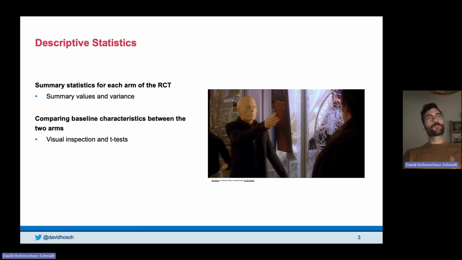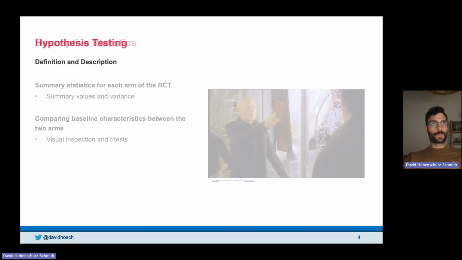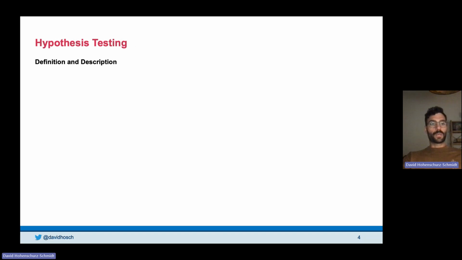And the way you can compare those two groups is either by visual inspection, so how much did the mean values differ from one another between the two groups, or sometimes authors report t-tests, so comparisons for statistically significant differences between those two groups, and you can use these results to estimate whether they were the same or relatively similar in characteristics.